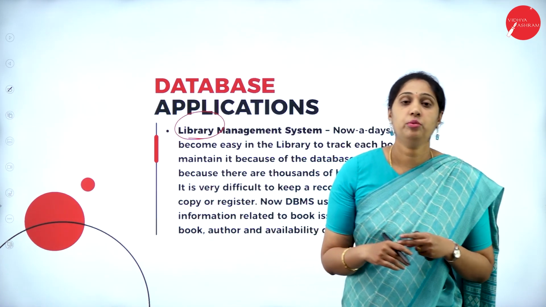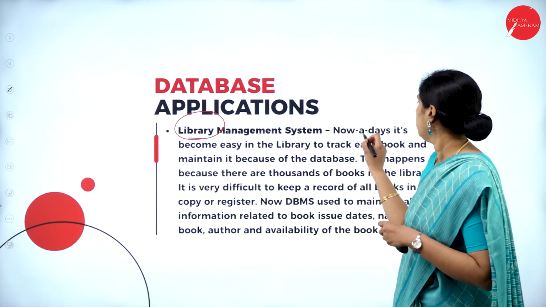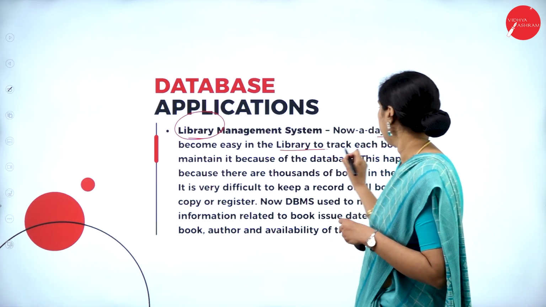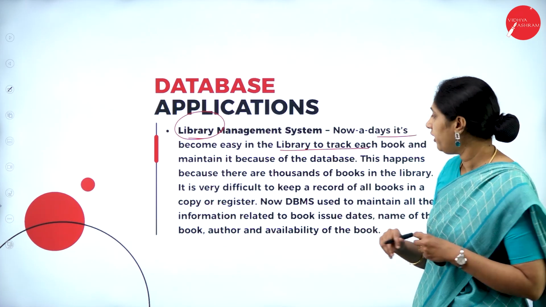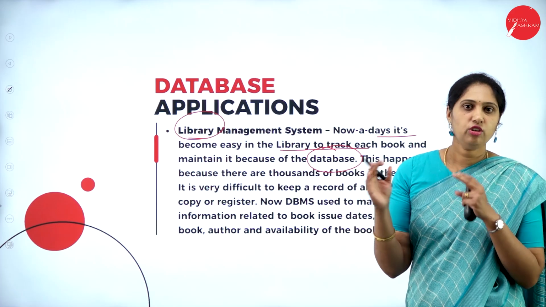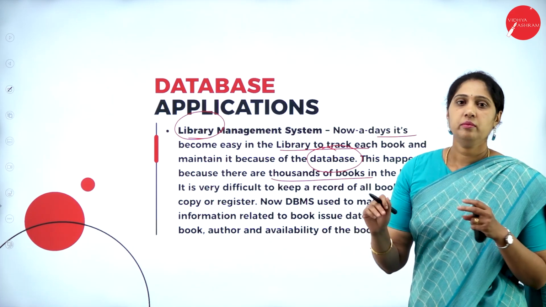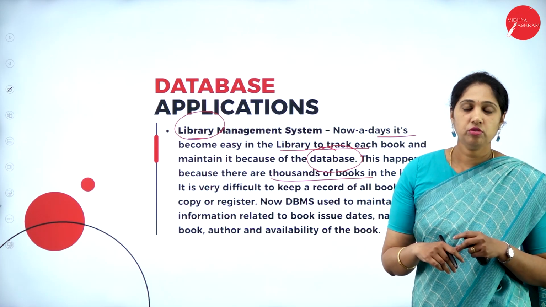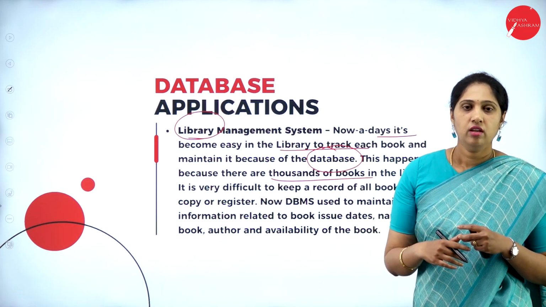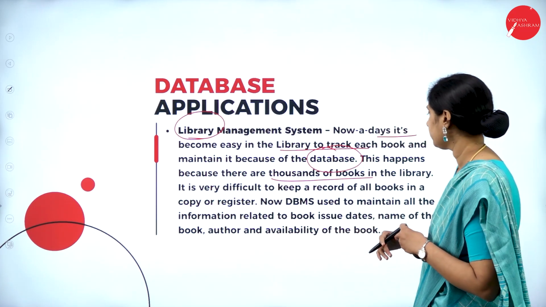How many books have to be returned? That is all in our DBMS. Nowadays, it has become easy in the library to track each book. Why? Because of the database. So manual work is not there, everything you can see in software. As I already told, it is not a matter of 100 or 200 books, it is 1,000, 10,000. It depends on your college or anywhere else.